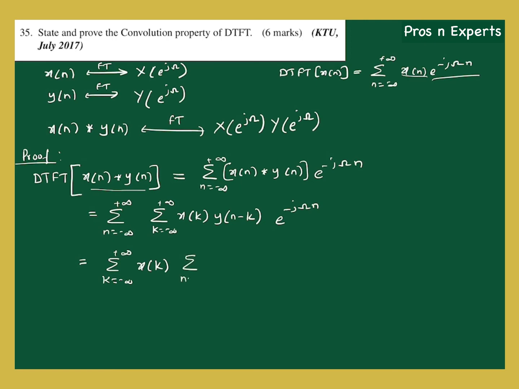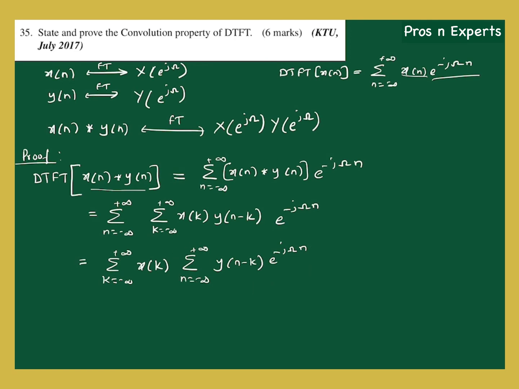So sigma over n equal to minus infinity to plus infinity y of n minus k into e raised to minus j omega n. Okay, now let me invite your concentration on this summation.